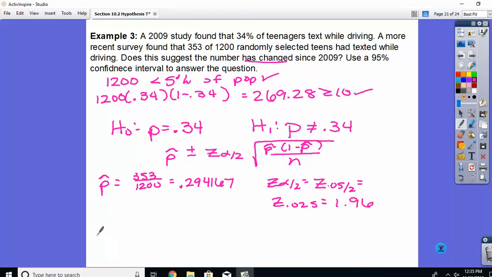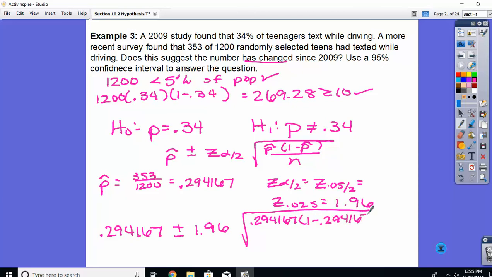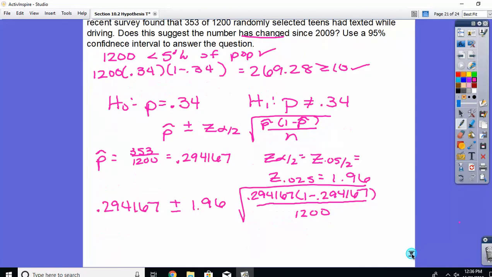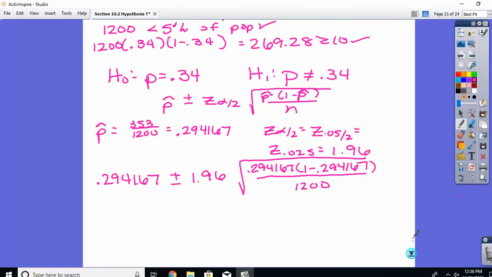So now I can plug into my formula: my p hat plus or minus our 1.96 times the square root of p hat times 1 minus p hat over n. What's my n? 1,200. Well, I can fit this in.